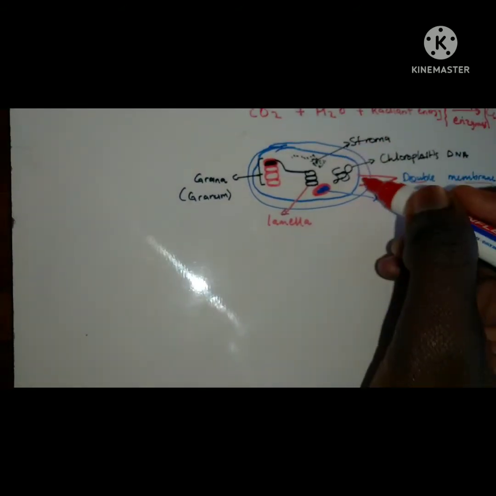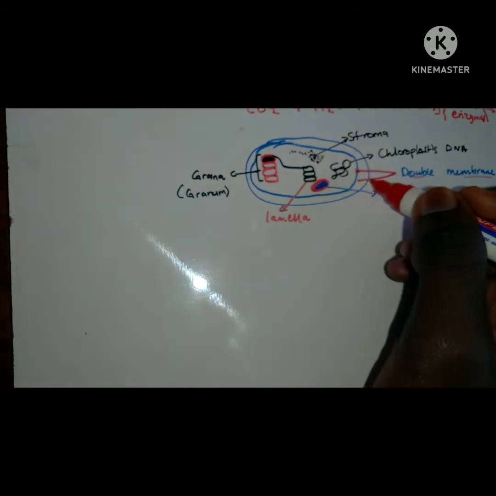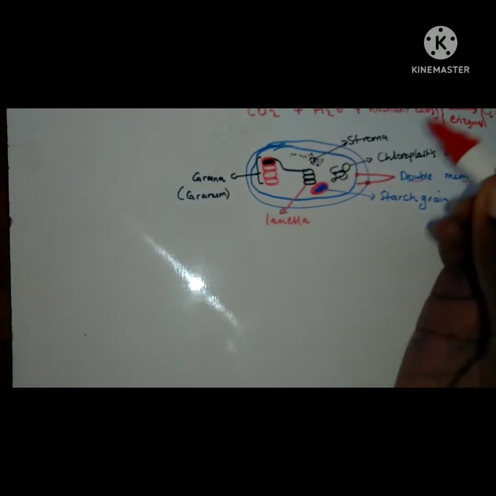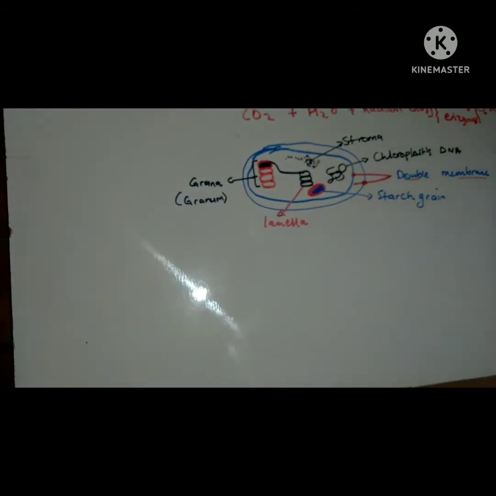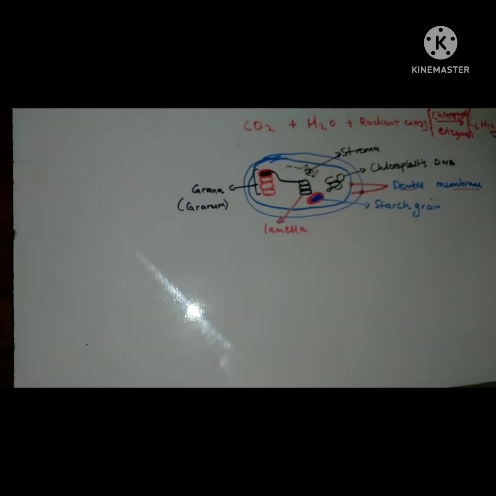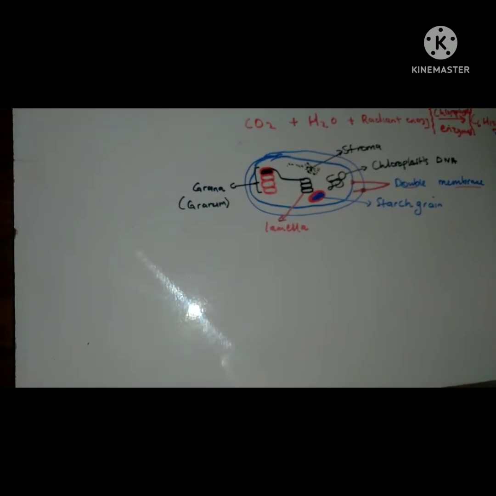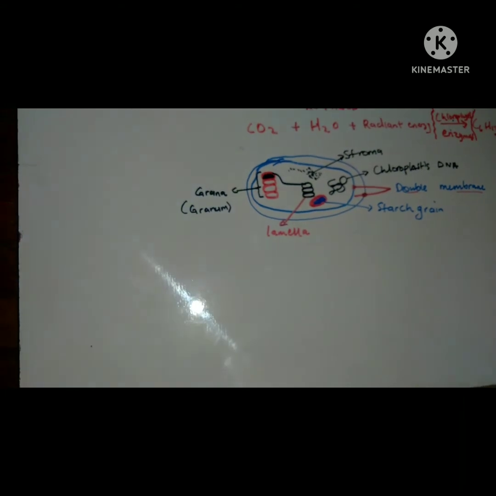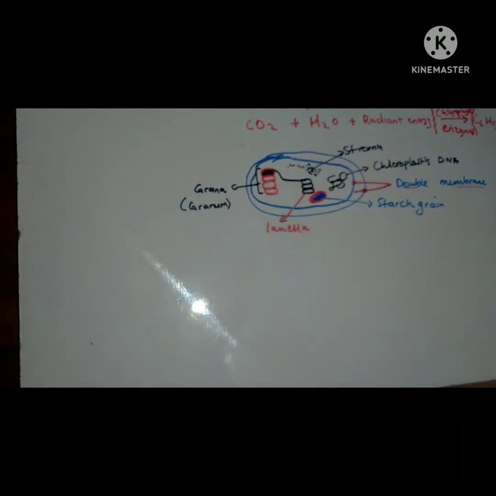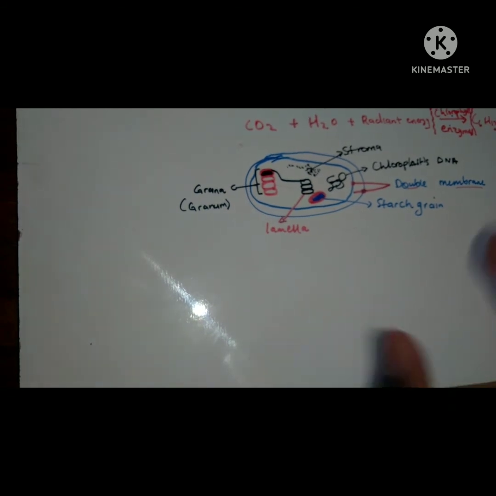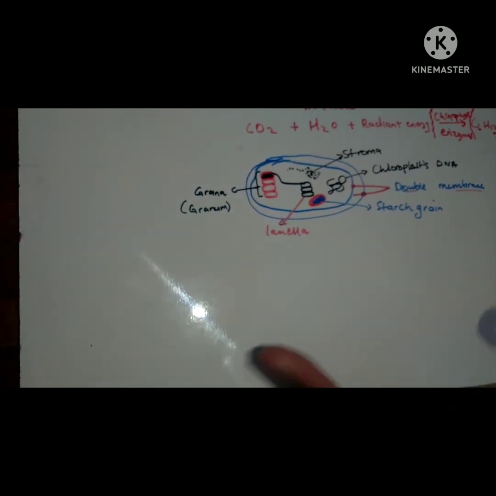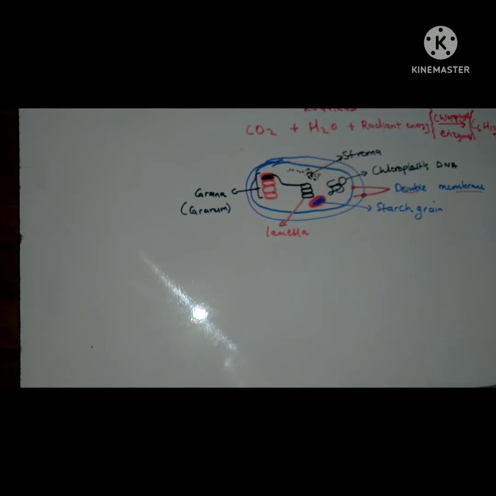So it means it's got an inner part and an outer part. That's why it is double. So it is two layers of membranes that are protecting the chloroplast. So anyway, don't forget that a membrane is the outer layer, or this protective shield of a cell.